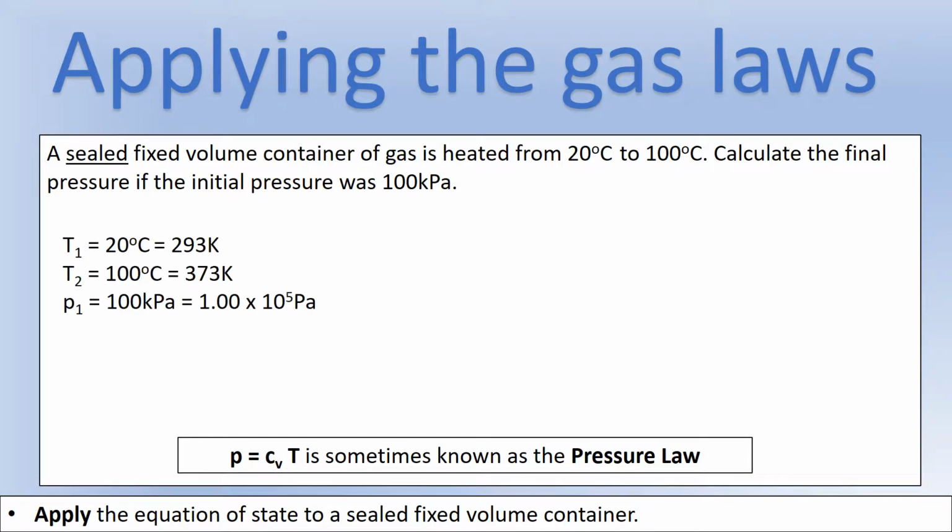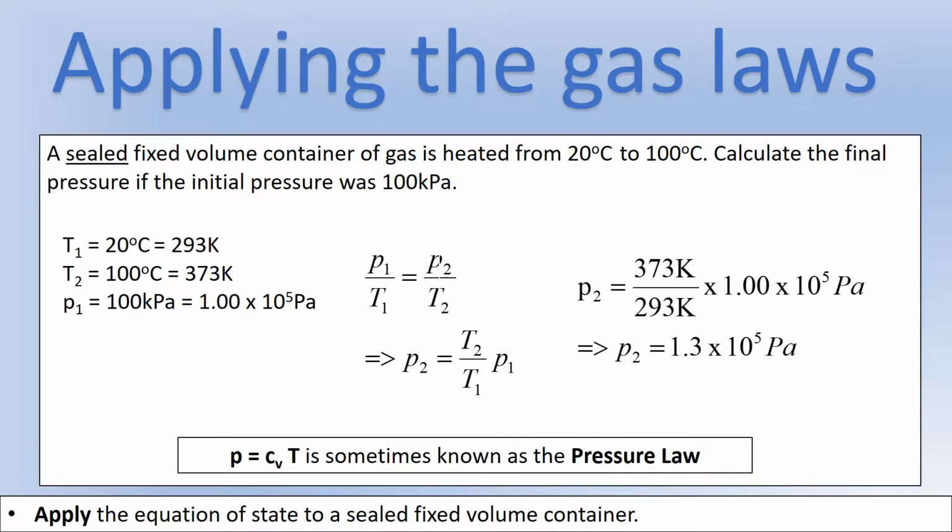If we remember, in the gas equation, our temperatures need to be in Kelvin. So that's the first thing I would do, is convert temperatures to Kelvin and convert the pressure into just pascals, because that's the standard unit of pressure. Then I bring out the pressure law that we derived in the last part and rearrange it to make the final pressure the subject, because that's what we want to calculate.